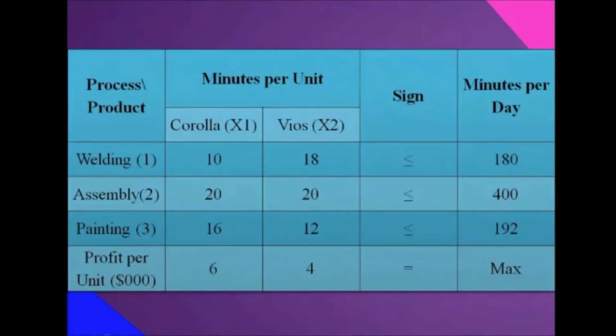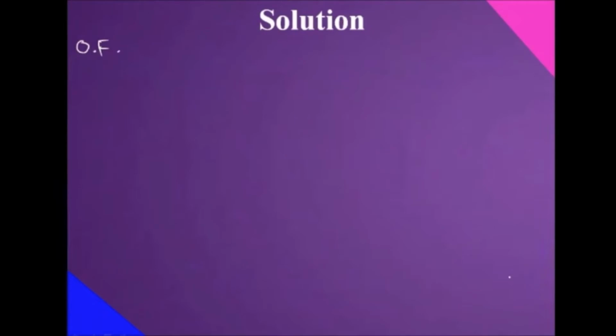Going back here, it is 6 and 4, and max. So, meaning our objective function is to maximize the profit. Max Z, where Z stands for the profit, equals 6 x sub 1 plus 4 x sub 2.